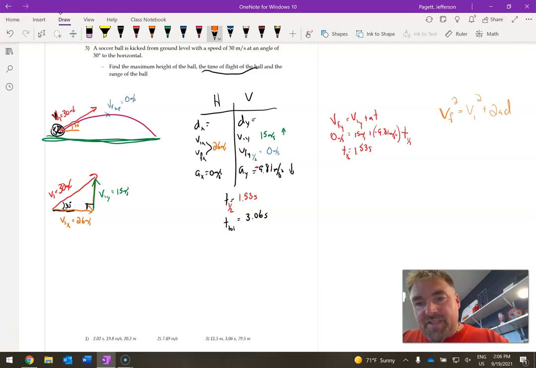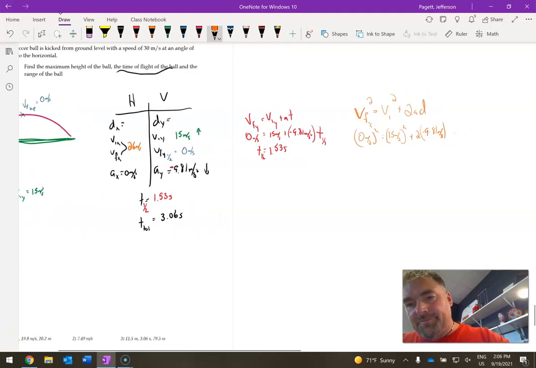So VF at the top, at the halfway point, that VF is 0 meters per second. Don't forget to square it. My initial velocity vertically is 15 meters per second. Don't forget to square it. Plus 2 times a negative 9.81. You got to have the negative. Otherwise, your distance is going to be negative. And that's a problem. You don't want to throw a ball up and have its maximum height be negative.